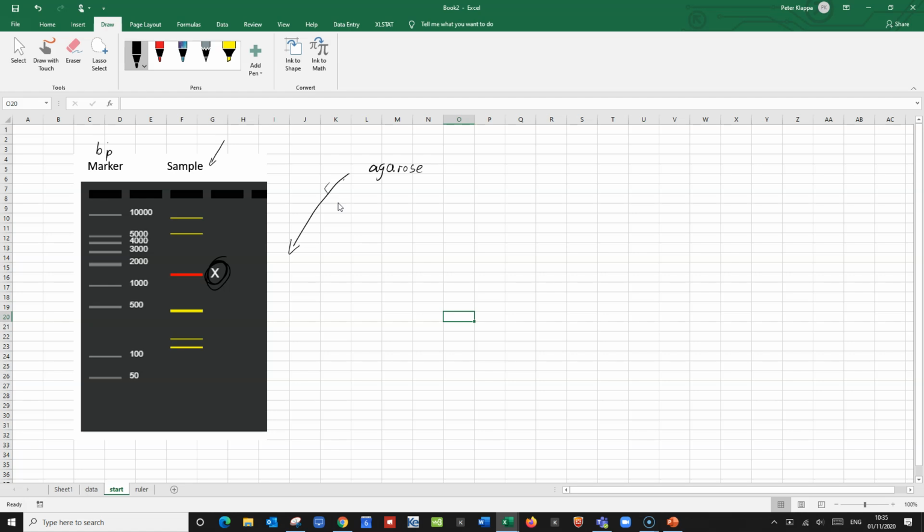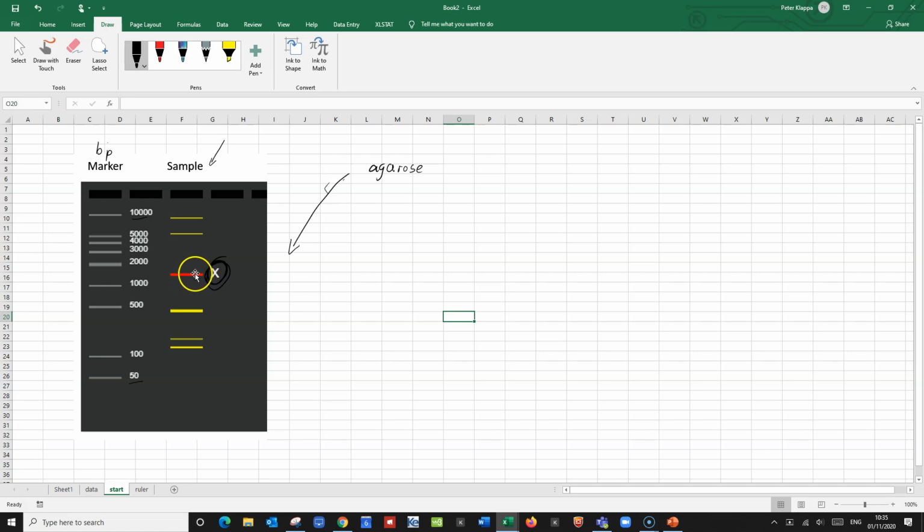So our first DNA fragment in this marker would be 10,000 base pairs, and it goes all the way down to 50 base pairs. And we let this marker run together with our sample so that it gives us sort of a standard. So we can now actually construct a standard curve and then try to figure out how big this red band actually is.